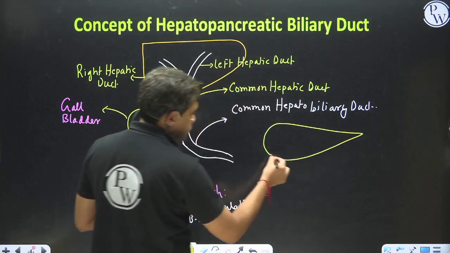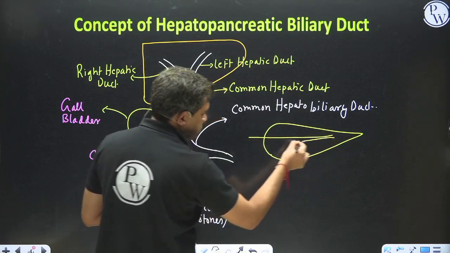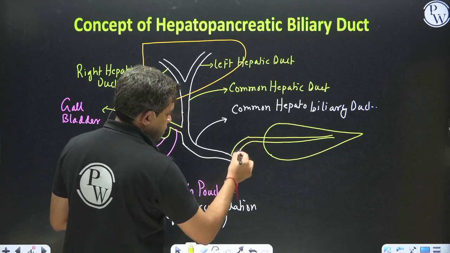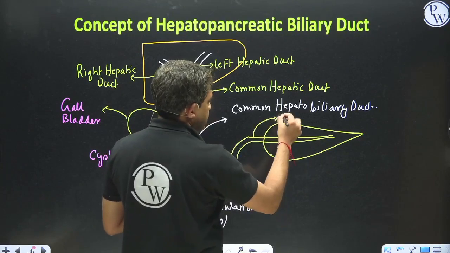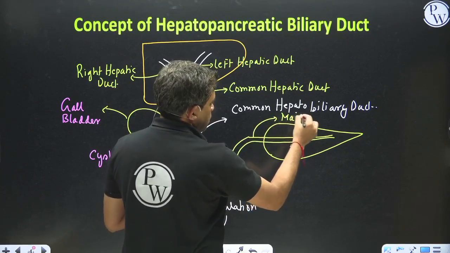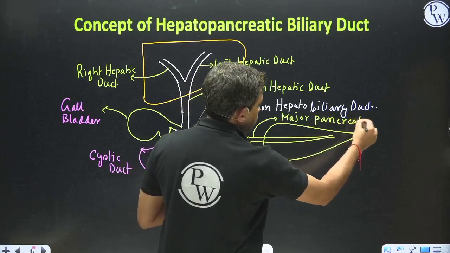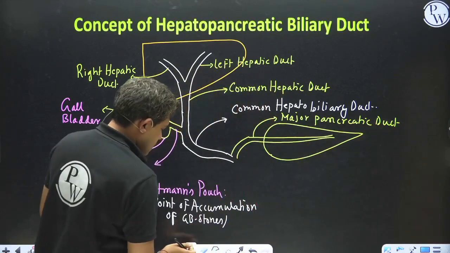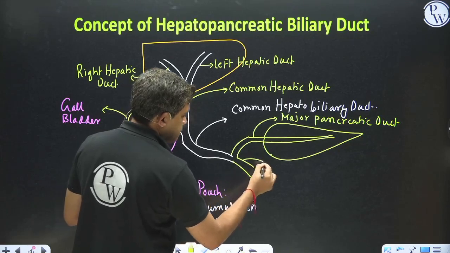This is how it looks, and this is the pancreatic duct, the major pancreatic duct, that gets united like this. Okay, and this major pancreatic duct is uniting to form the hepatopancreatic biliary duct.